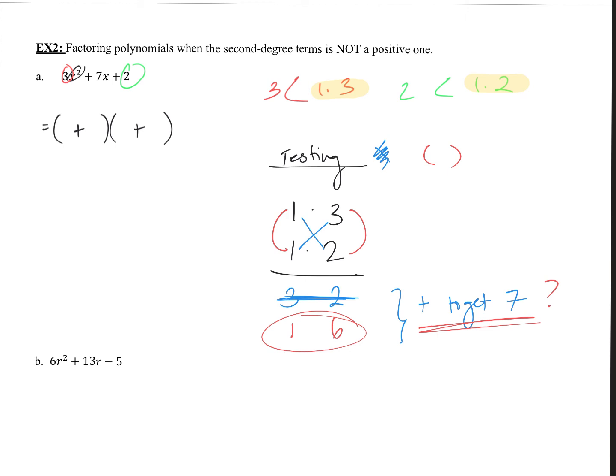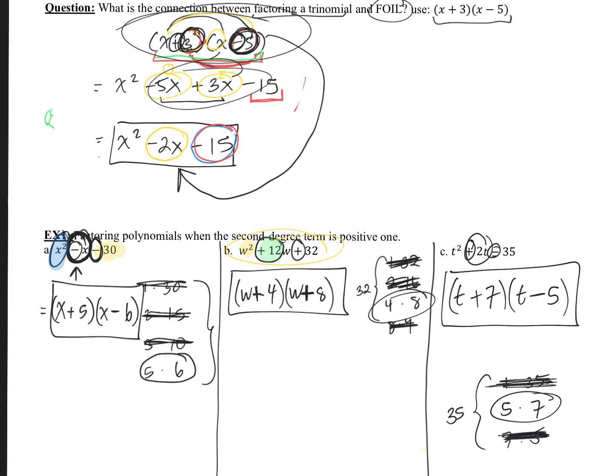Remember, the 3 was an x, so we have a 3x and a 1x. And this is saying that the 3 needs to be multiplied to the 2. So if I have 3x here, and I always start my x terms in the front. So 3x is here. If I'm talking about the O and I product, remember the O and I product I was talking about earlier? That's what we're going to be thinking about.